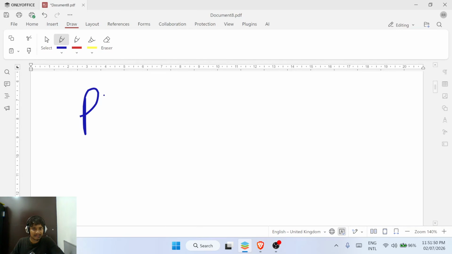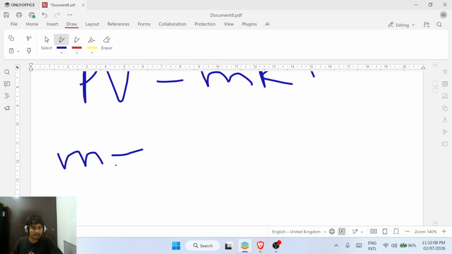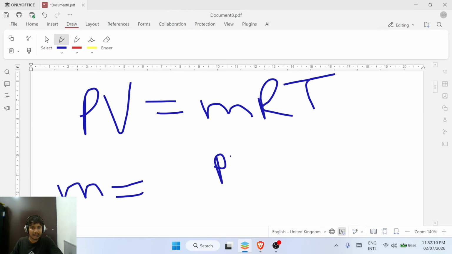What's the equation? PV is equal to MRT. P is the pressure, V is the volume, M is the mass of the gas, R is the specific gas constant, and T is the temperature in Kelvin. Therefore M is equal to PV by RT.